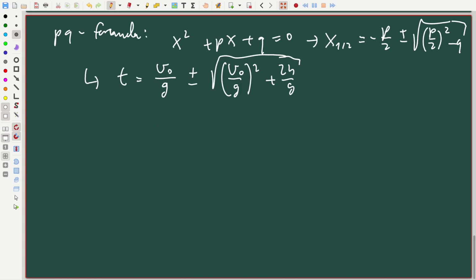And this is our total time, the time the object needs to reach its highest position and then the time it needs to fall down, the sum of both. Again, we only take the positive number into account because the negative one is unphysical. This is our time for the vertical throw.